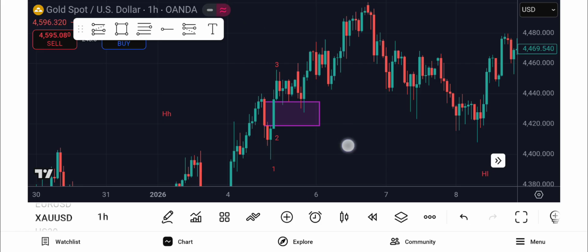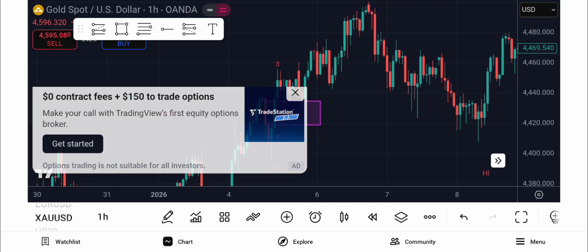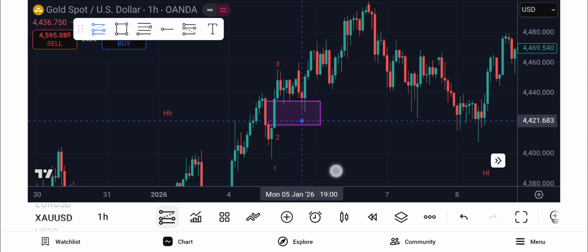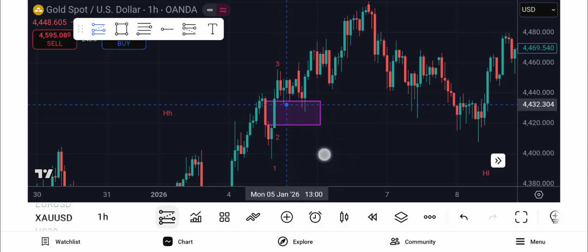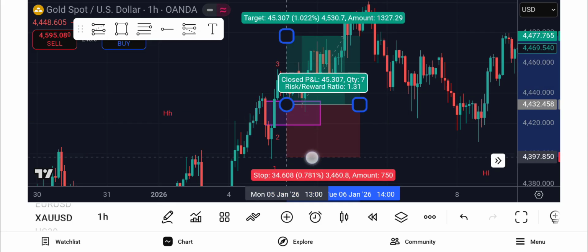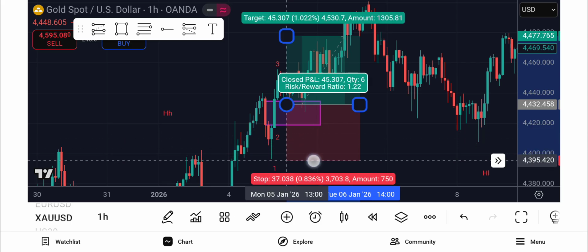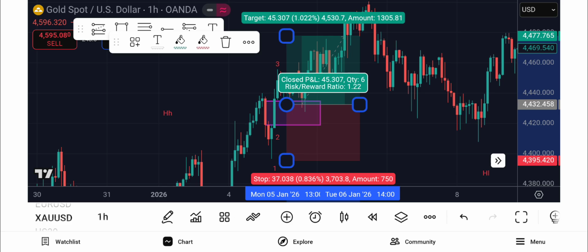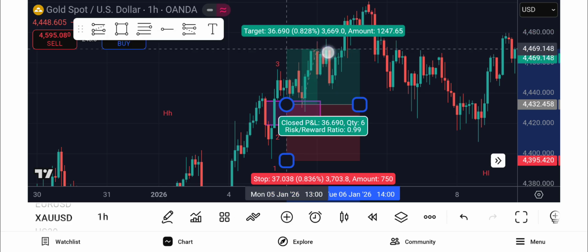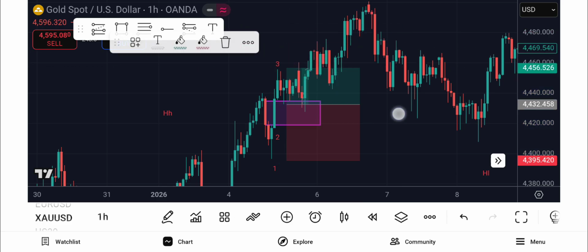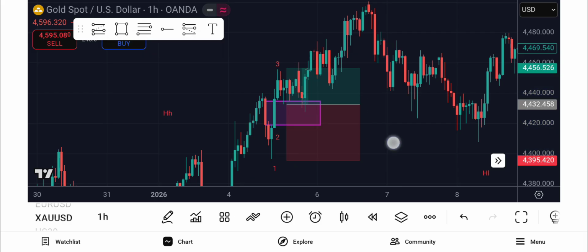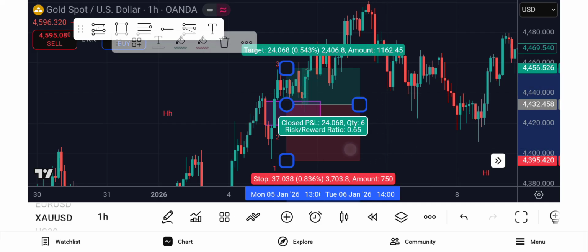And what you could have done to be safe was enter, let's say you entered here, the first candle that touched. If you wanted to, you could have put the stop loss here, but to be safe, you could have put the stop loss down here at the bottom of the first candle. Then you could have had your target up here. The ratio would probably be around 0.65, so it would have been low.